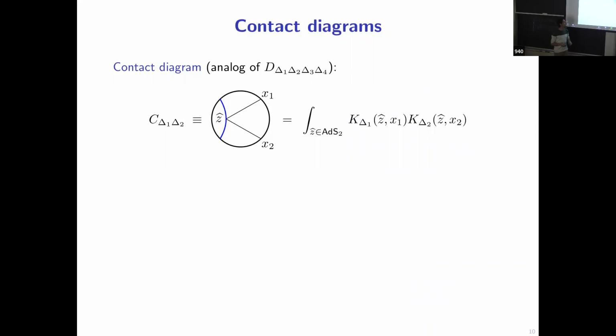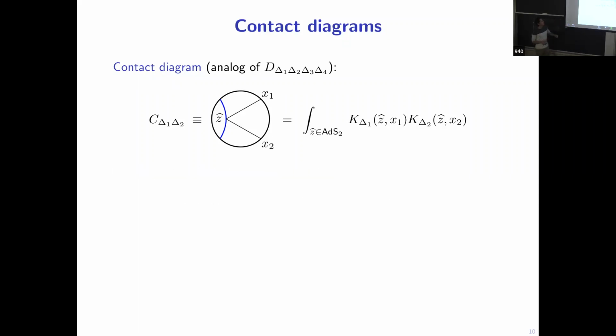And then let's compute the simplest of all the diagrams that we need. The simplest one is the contact diagram, and in the context of 4-point scattering, these things usually are called D functions, D delta 1, delta 2, delta 3, delta 4. These are well-known special functions, studied for a long time. In my case, these are even simpler, so I'm going to call them C. It's just an integral of 2 bulk-to-boundary propagators, and you need to integrate over AdS2.